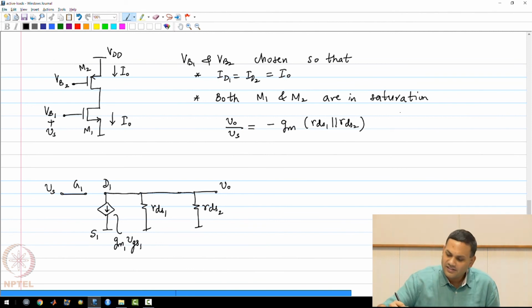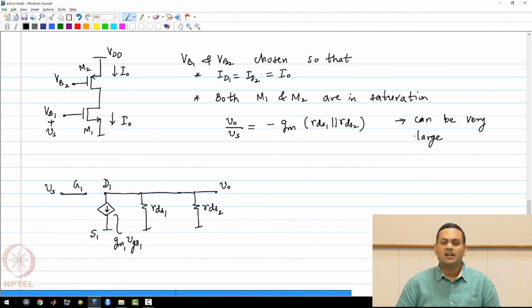So now this can be very, very large. And in fact, this is only around half of the intrinsic gain of the transistor. This can be much larger than GM times R, because the value of RDS is normally much larger than the value of R.